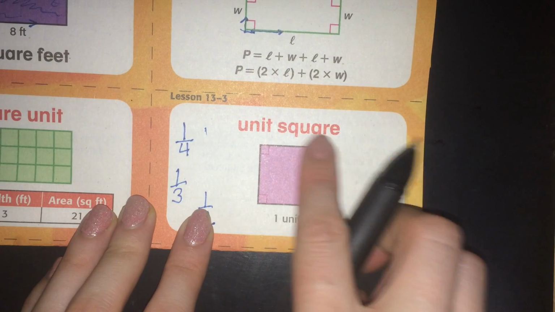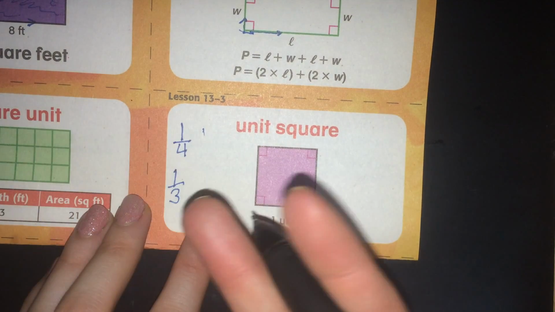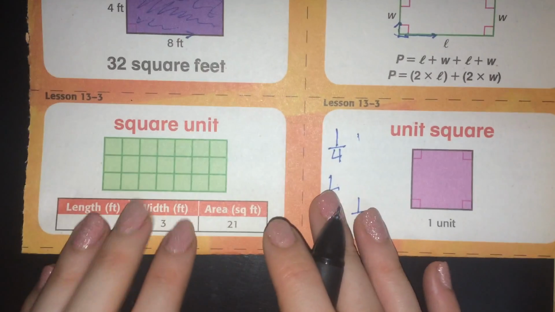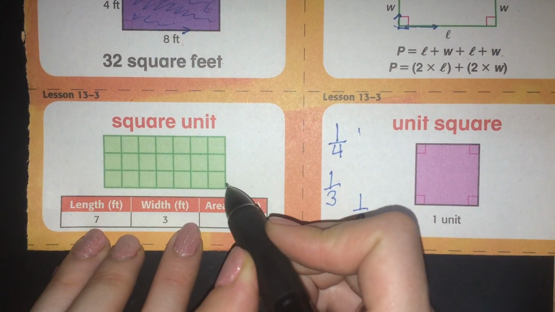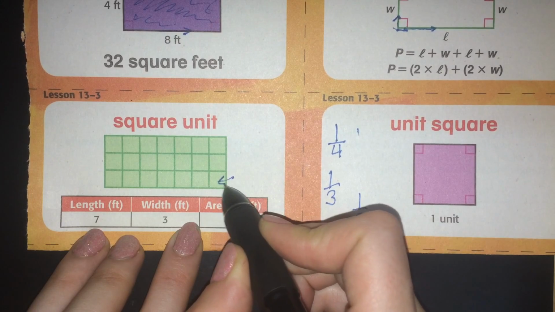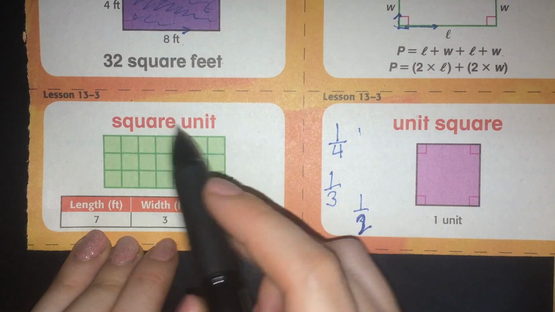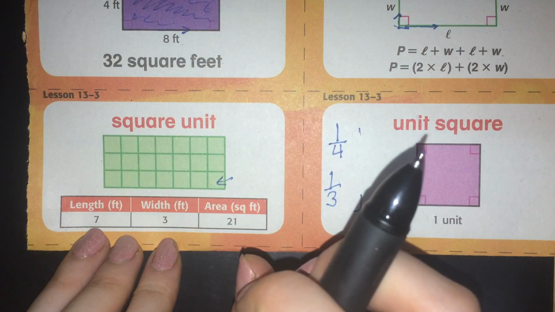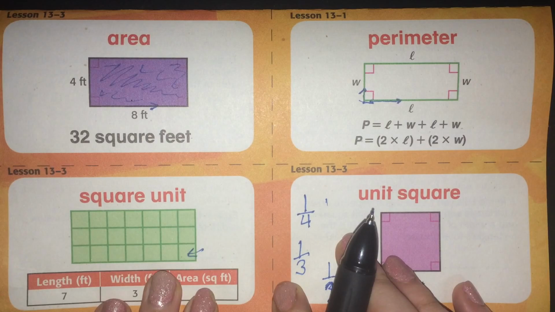It means one square of the entire shape, one square of the entire object. If you're thinking square units, it's going to be one of these. One piece of the entire object will be the unit square. We'll see more of these as we get into the chapters.